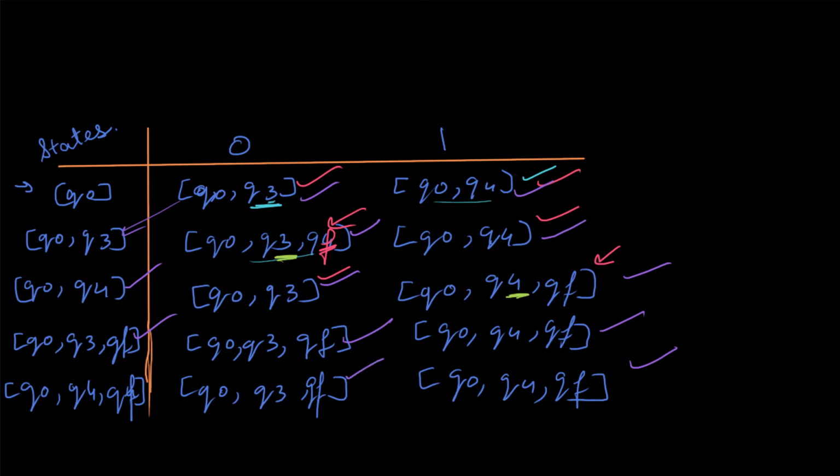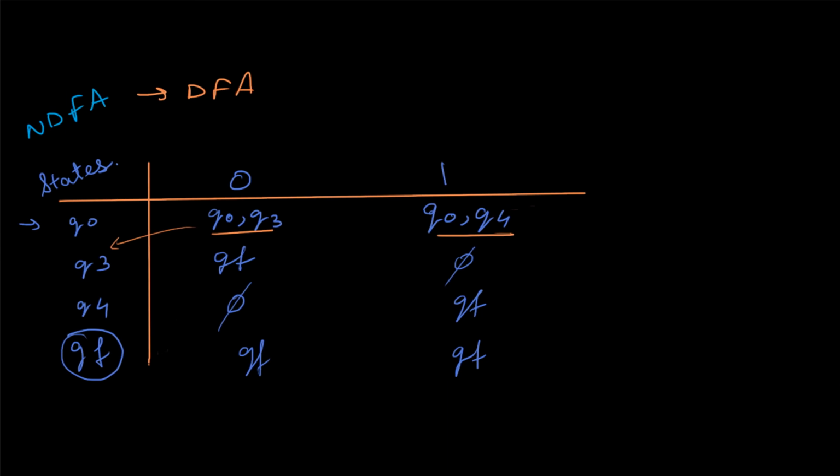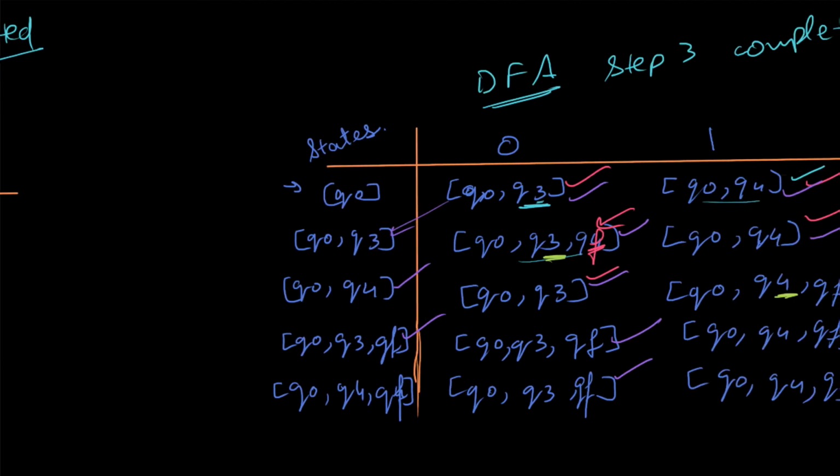So now we have our DFA present, which is our step 3, completed. Okay, so we missed the completion of step 2. So okay, so this is our step 2 completed. That's quite good.